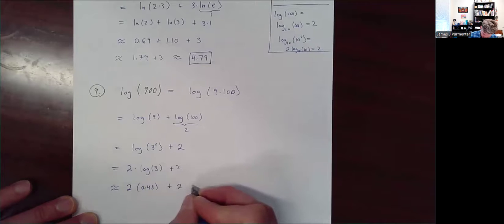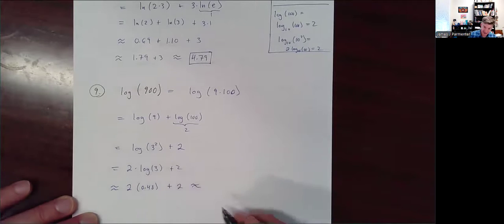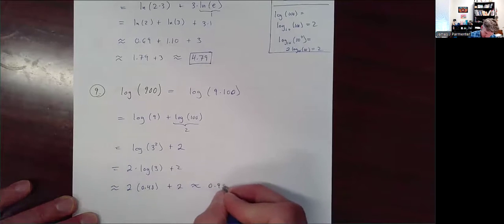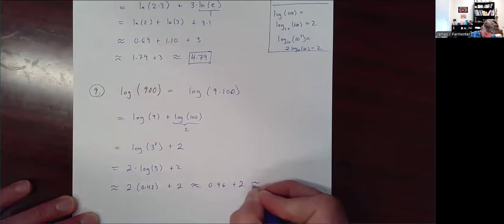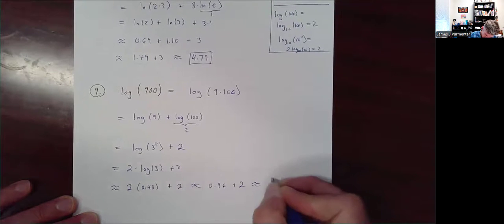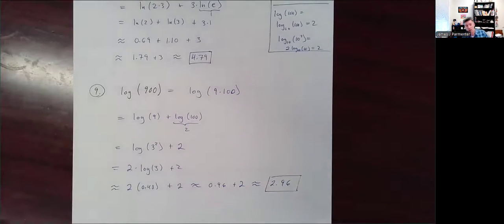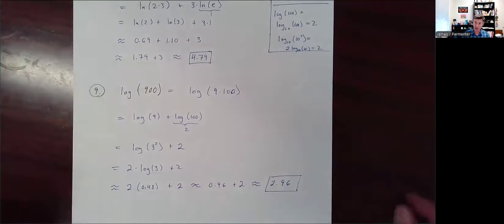So then I'm going to get 2 times 48 is 96. That's going to be 0.96 plus 2, which is going to be 2.96. So that is how we use known values of logarithms or known approximations of logarithms to approximate more complicated things without a calculator.